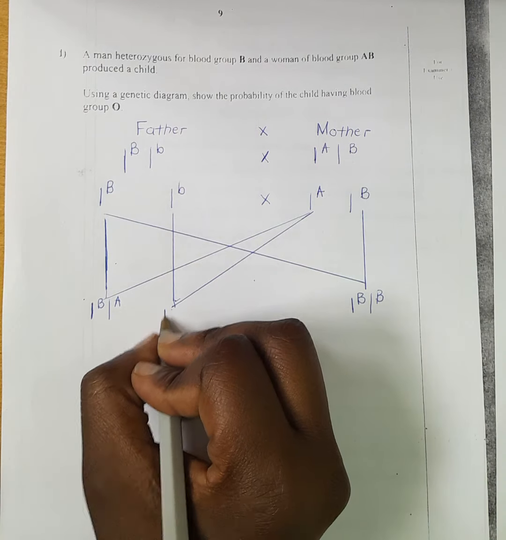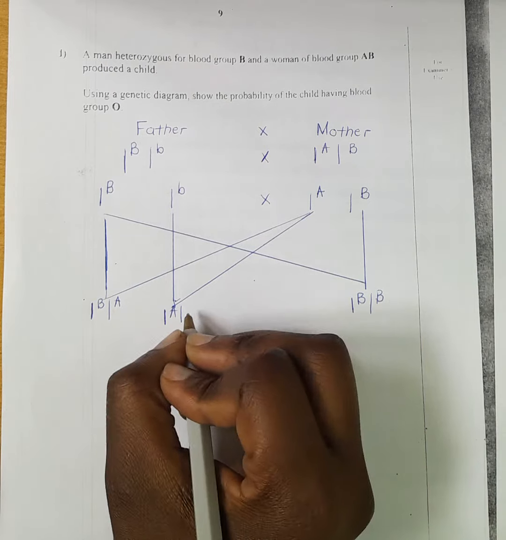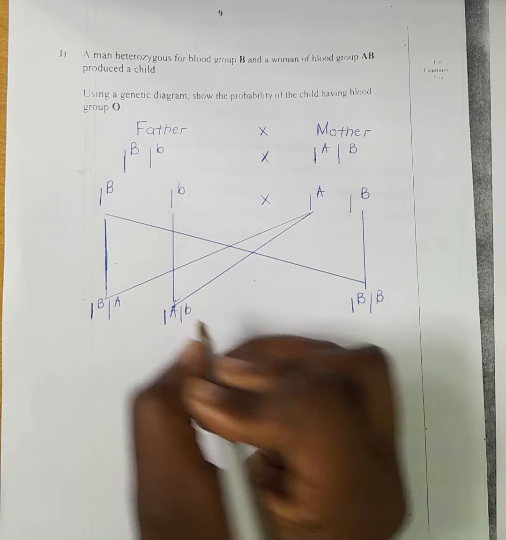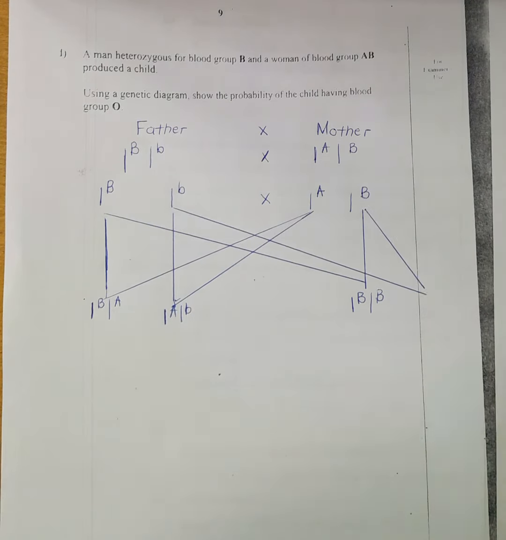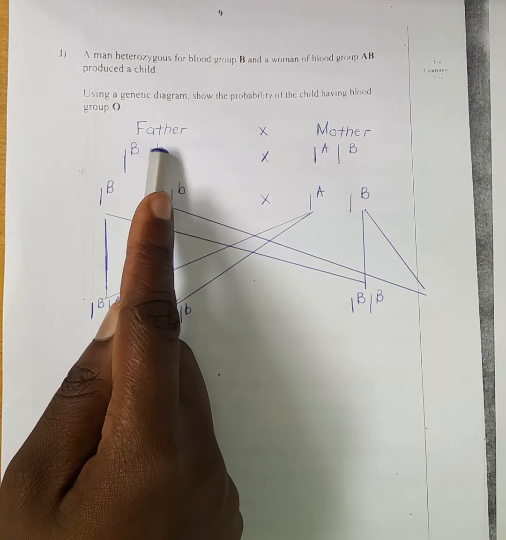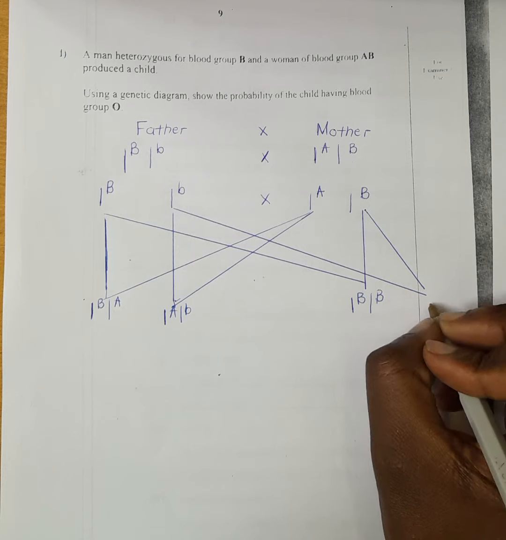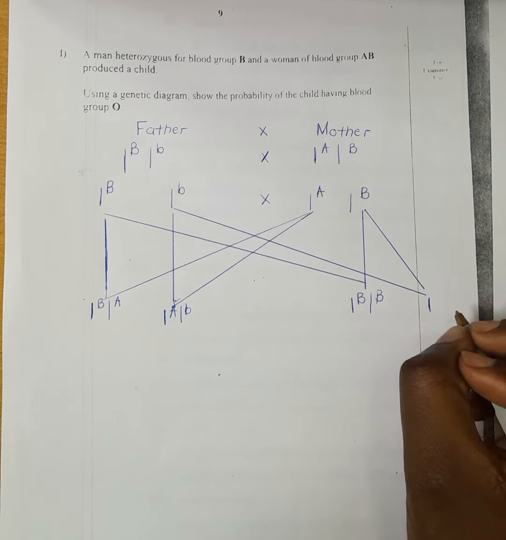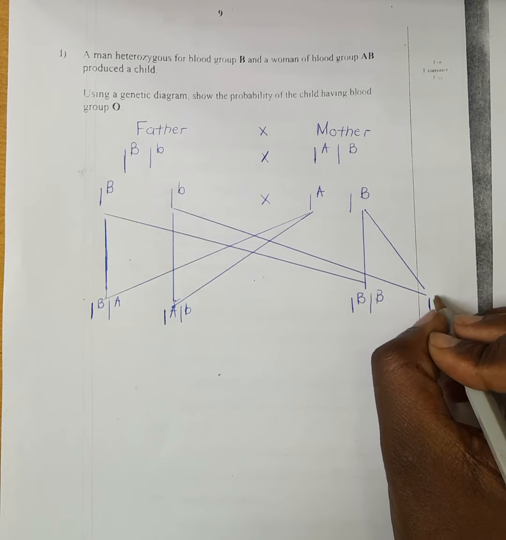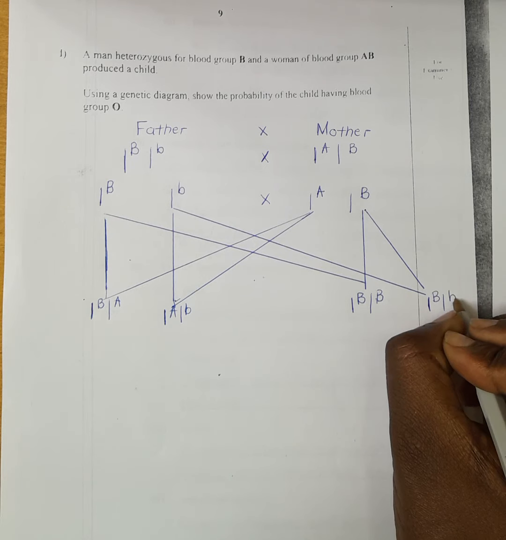We are going to have this blood group. And then finally, we are going to have this I^B meeting with this I^B in capital letter, so that we are going to have heterozygous B, which is like this.